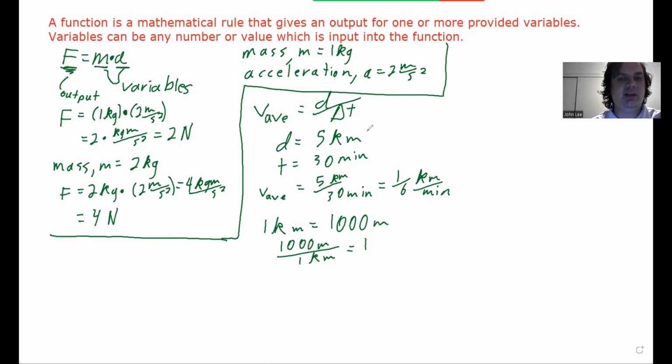And you can multiply anything by 1 and get the same value. So 1,000 meters divided by 1 kilometer equals 1. This is also the same thing as saying that 1 kilometer divided by 1,000 meters is equal to 1.